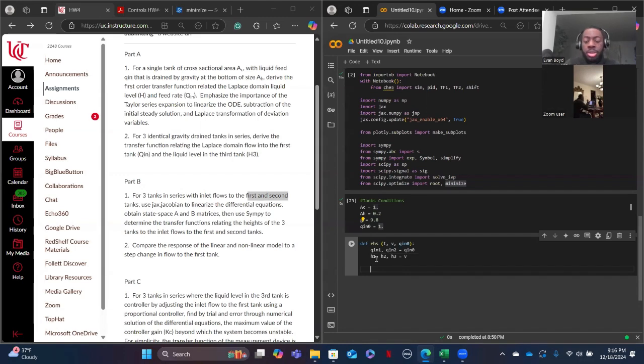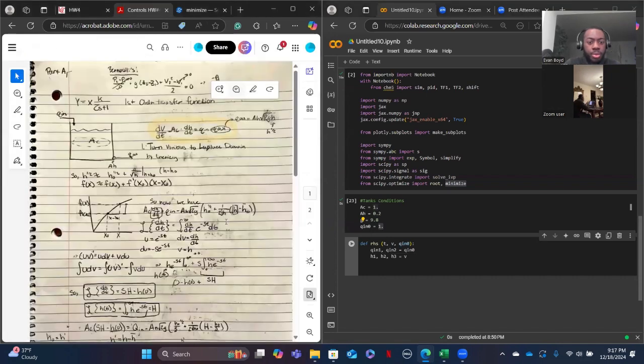So first we want to write equations for our Q out. We use this A times square root of 2 times g times h first. So we will first record our flow out of our tank.